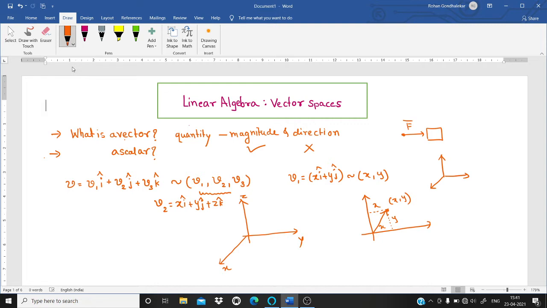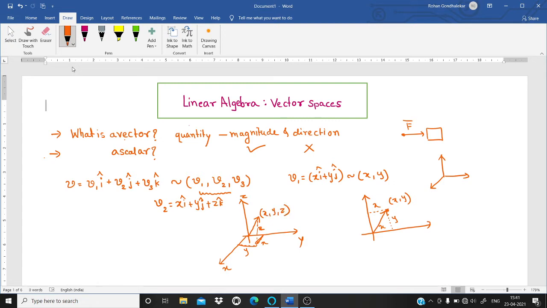This is a vector in space whose height is z from the xy plane. Its distance from the yz plane is the x coordinate, and its distance from the xz plane is the y coordinate. So this is my vector (x, y, z).